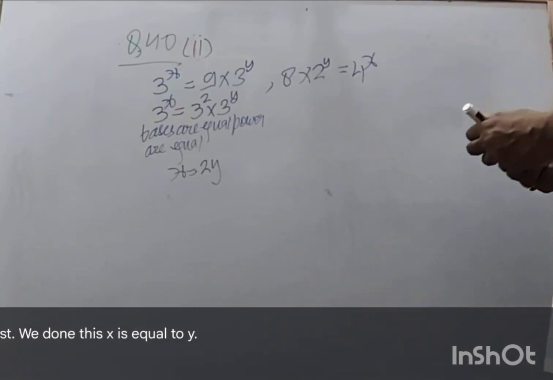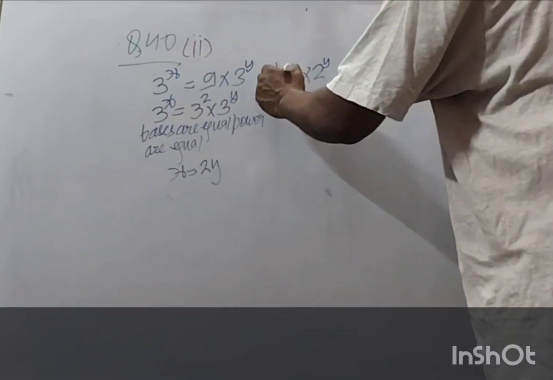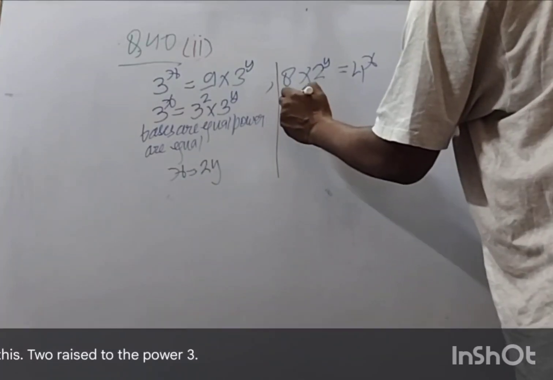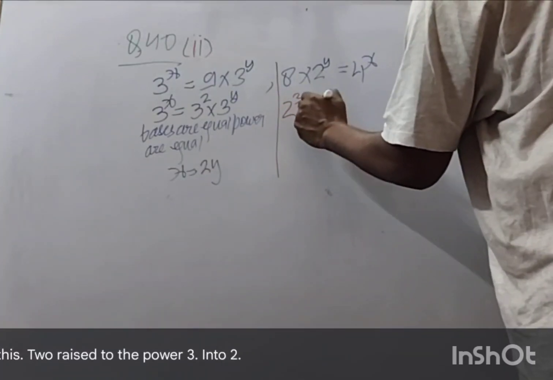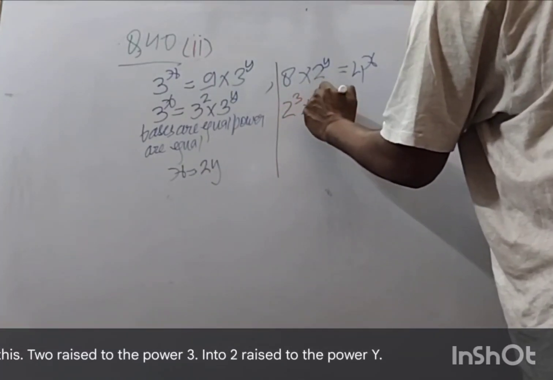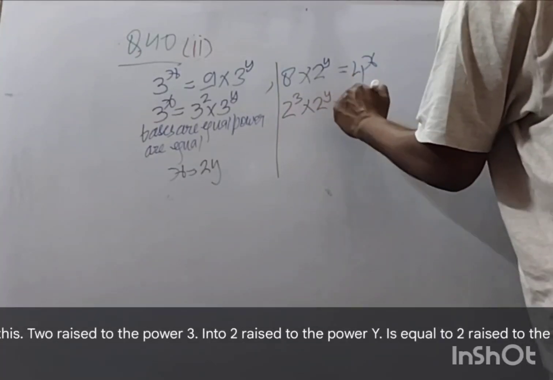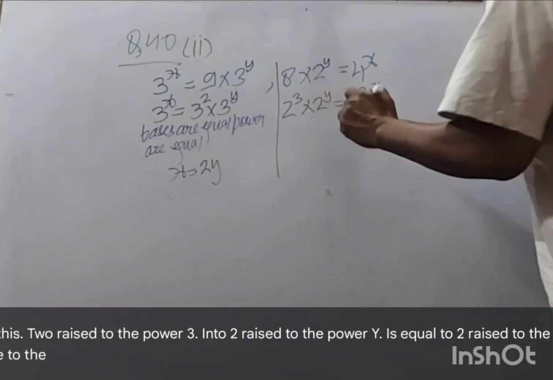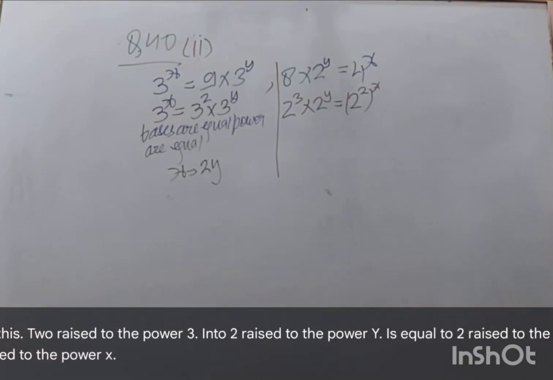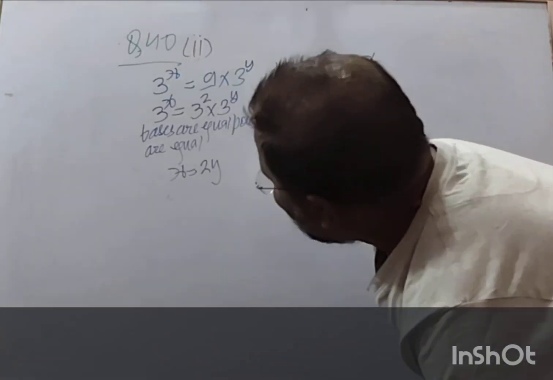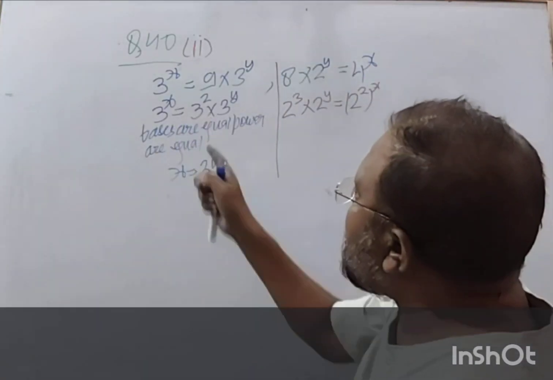Now we come to the next. 2 raised to the power 3 into 2 raised to the power y is equal to (2 raised to the power 2) whole raised to the power x. Powers are added together.